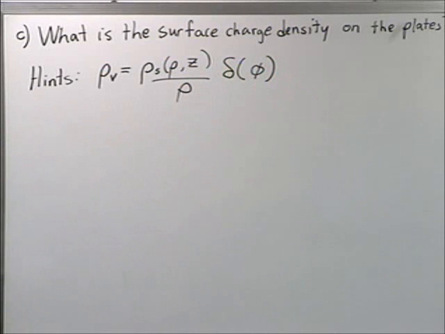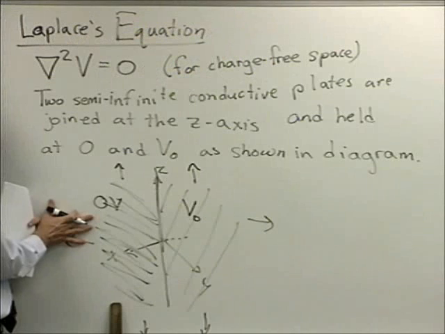So in other words, if I want to describe the charge on this particular plate as a volume charge density, it's really a surface charge density with a delta function with respect to phi, because all the charge is actually compressed to this one plane. It's 0 elsewhere. The delta function is infinite. And really what that means is we're just taking that volume charge that has coulombs per meter cubed and compressing it onto a surface charge that has coulombs per meter squared.